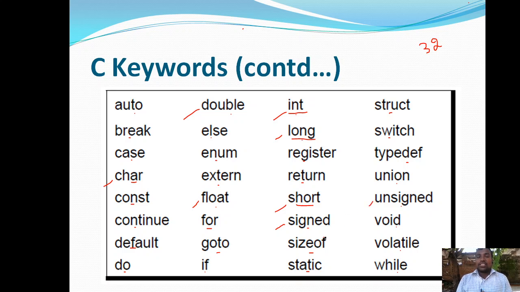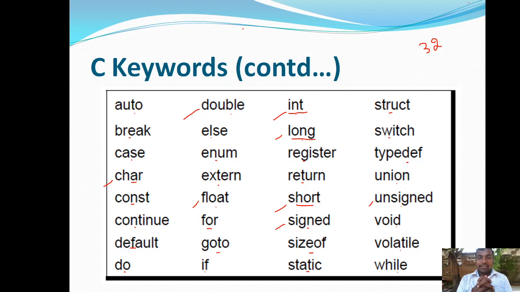So these are the keywords we use while handling different data types in C programming.